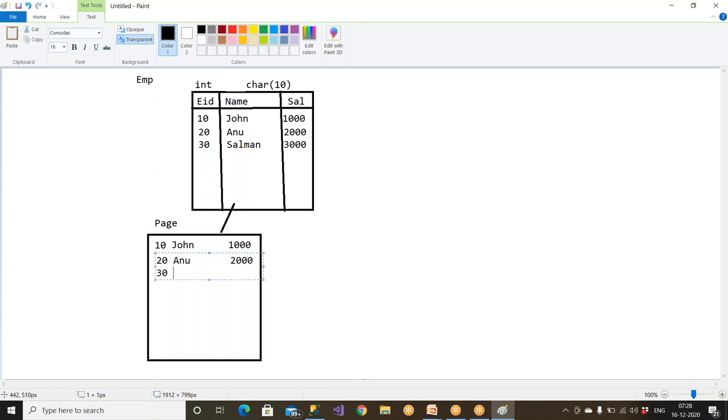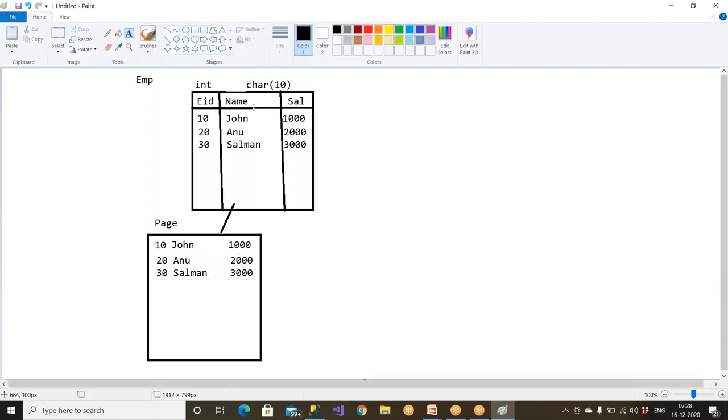Then 30, Salman. Okay, you have 6, 7, 8, 9, 10. Then 3,000 is going to be stored. Clear? So when you have character data, SQL Server is leaving 10 bytes for each and every data and storing the data.